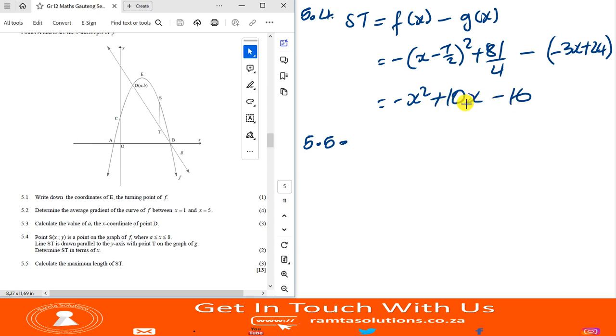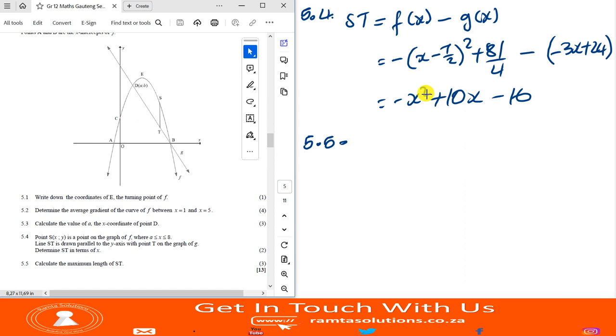A frowning parabola. This is why you will get a maximum value. You can also get this maximum value by completing the square or by doing calculus.